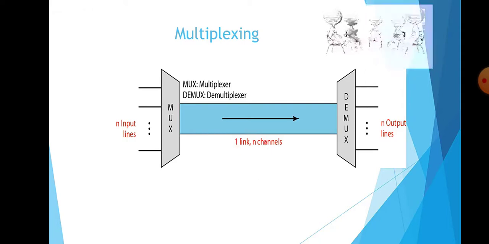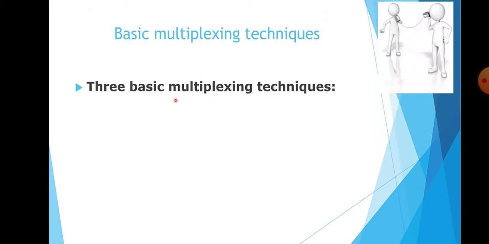So here we are having one link and n channels. This block is called the multiplexing block, and this block is called the demultiplexing block. Here the multiplexer block will convert n to 1, and the demultiplexer block will convert 1 to n output lines. So we are having different multiplexing techniques.